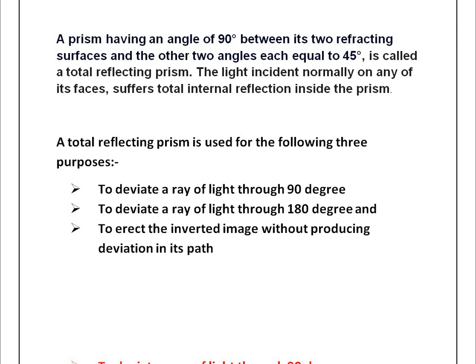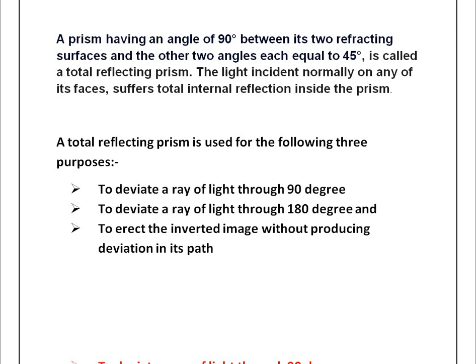The second type is a prism with each angle 60 degrees, which is called an equilateral prism. And the third type is 30 degree, 90 degree, 60 degree, which is called a right angle prism. There are three types of prism. We shall consider total internal reflection in these three different types of prism.